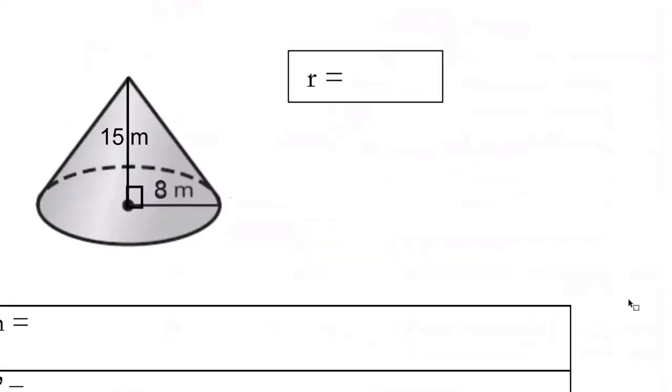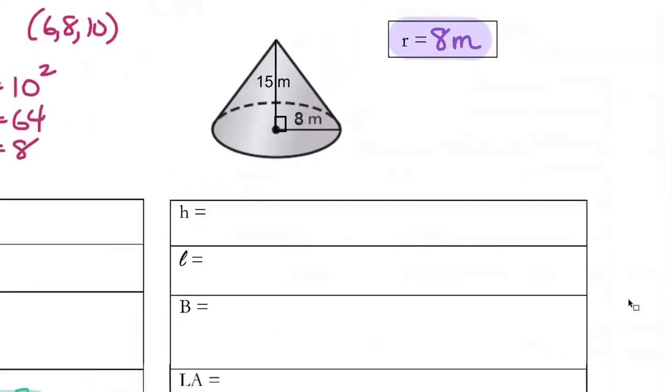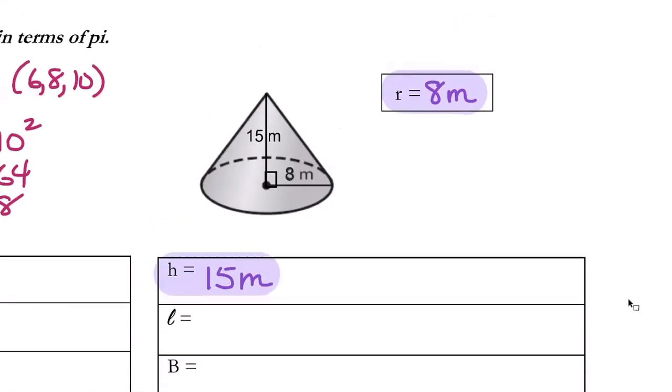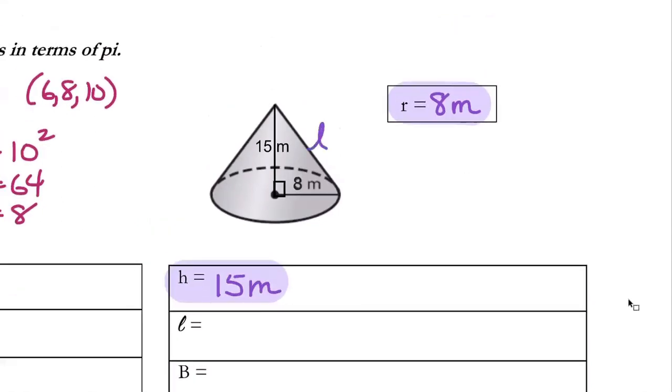One more cone problem here. The radius, 8 meters. Height, 15 meters. Slant height is this length right here that we're trying to figure out.